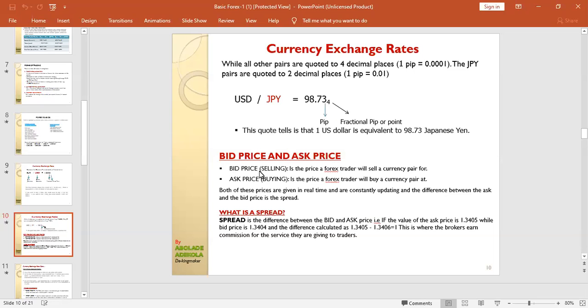We discussed that bid price is the price the forex market is ready to buy from you, which is the price you are selling into the market, while the ask price is the price you will buy from the market. Okay. So we discussed spread. What is a spread? It is the difference between the bid and ask price, okay.